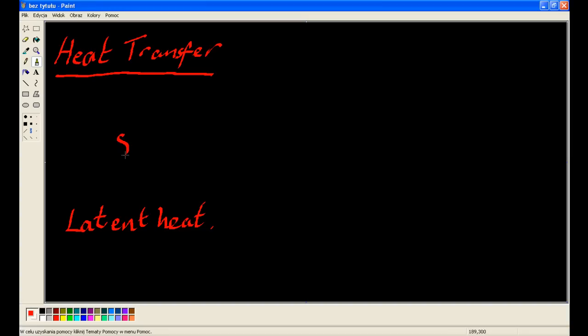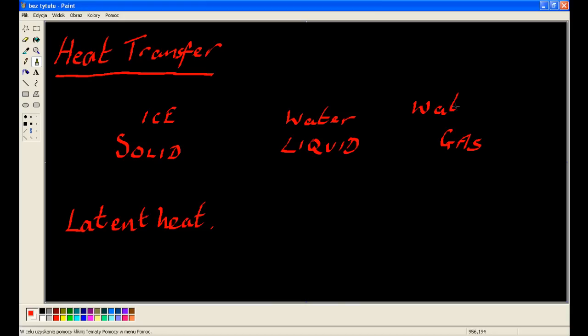So let's say you have something which is solid, like for example ice, and then you have something which is liquid, like water, and then you have a gas, like water vapor, or we'll call it steam.